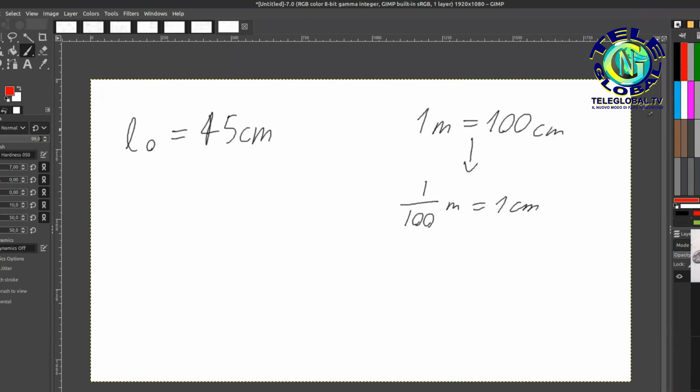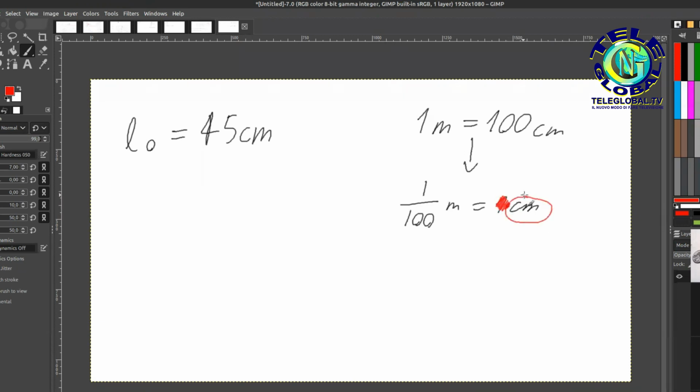Then, think that centimeter is just like a letter in an equation. 1 multiplied by centimeter is still centimeter.